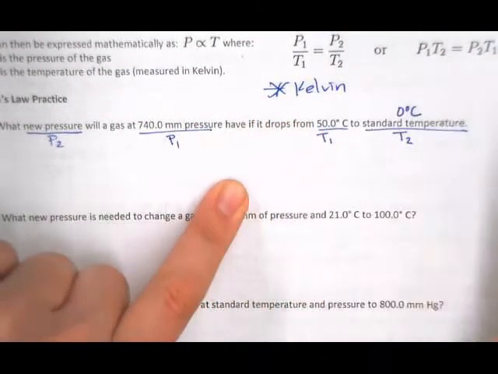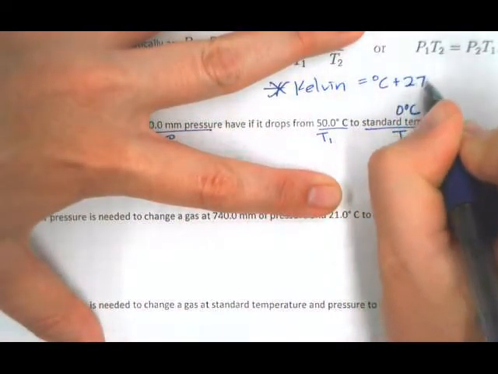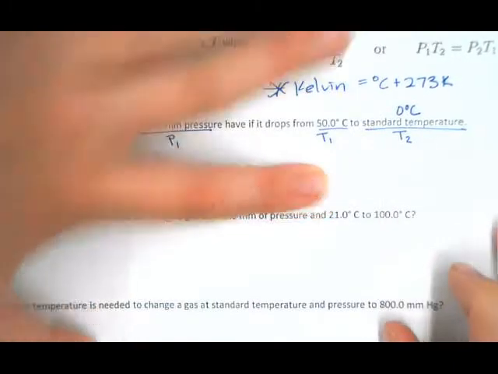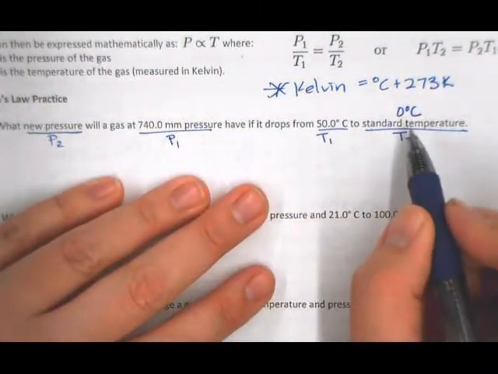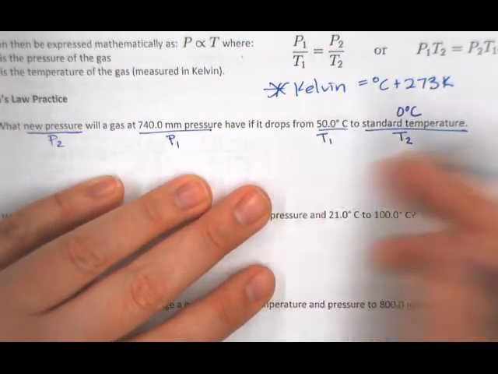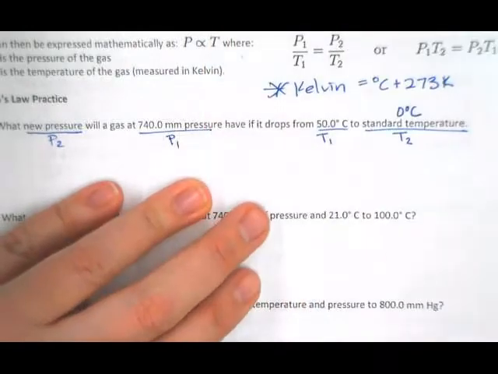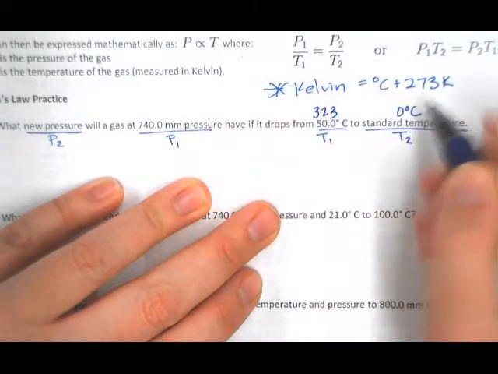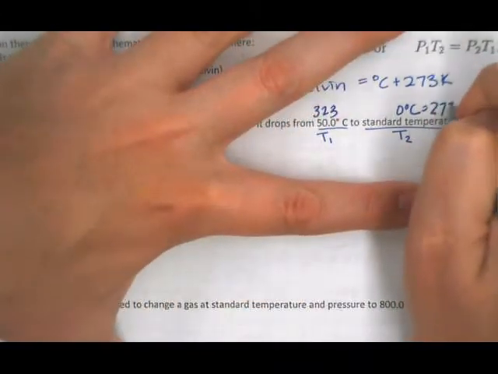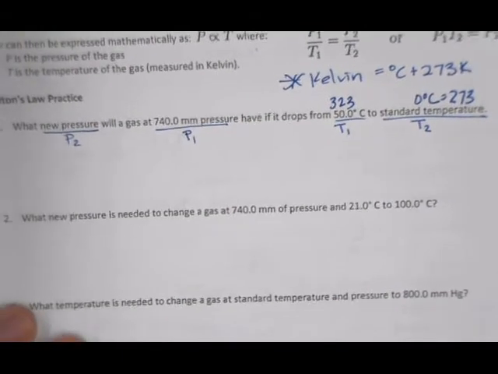Remember that to get to Kelvin, you take degrees Celsius and add 273, which is what we just determined. So before I even plug these in, you should convert these. 273 plus 50 gives me 323 for my temperature 1, and 0 plus 273 is 273. You have to make sure that your temperatures are always in Kelvin when you do the math.